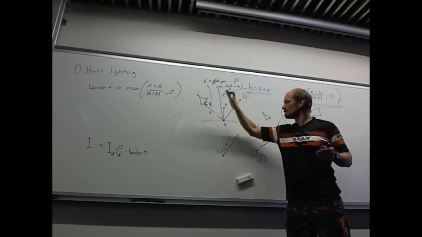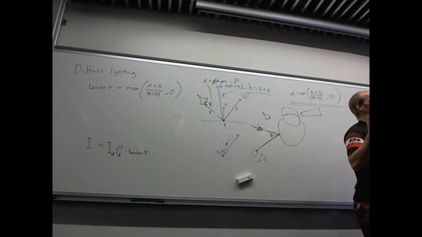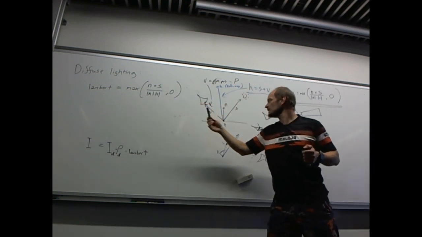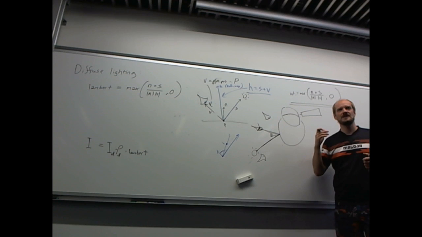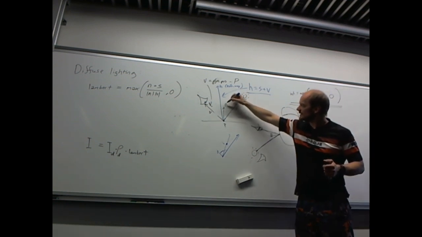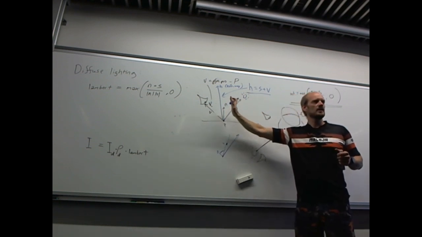What we have then is basically this imagined normal that would give us a perfect reflection. So now if I want to take the angle between that vector and some other vector, what would that be? Like, when would I want to get full intensity? I have my vector n, which is the actual facing of the surface.